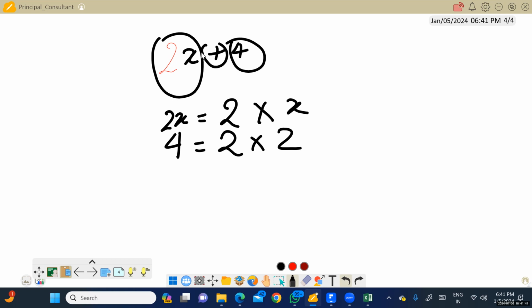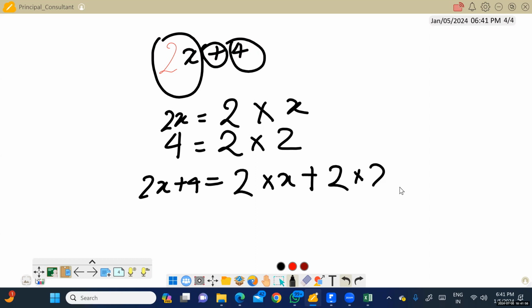There's a plus sign over here. So I'm saying 2x plus 4 is nothing but 2 into x plus 2 into 2. This is what it is. I've broken it into different parts. Can we further break this?